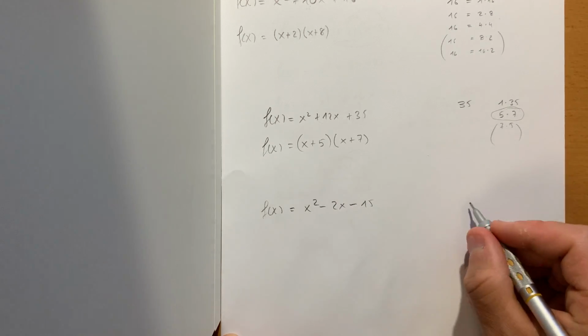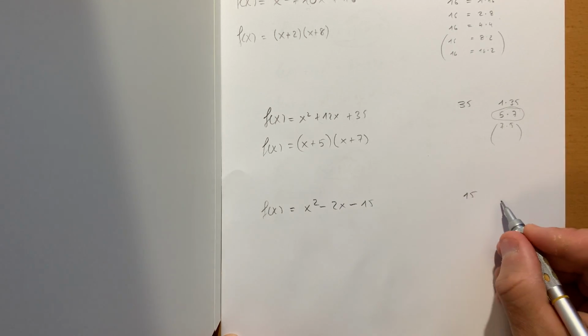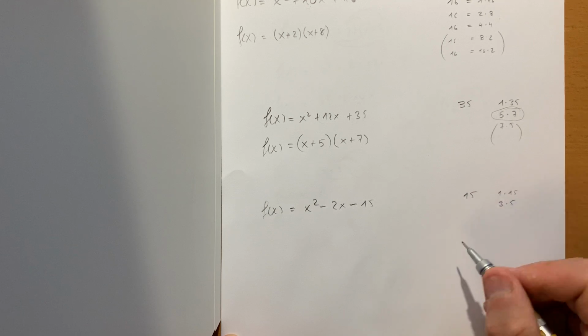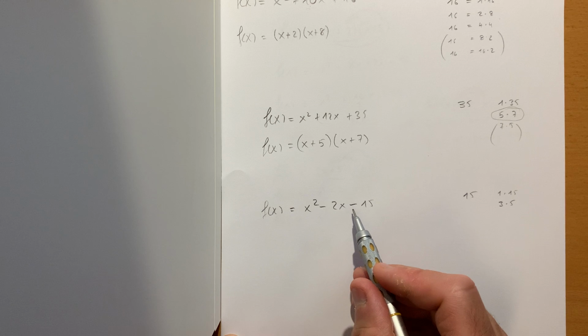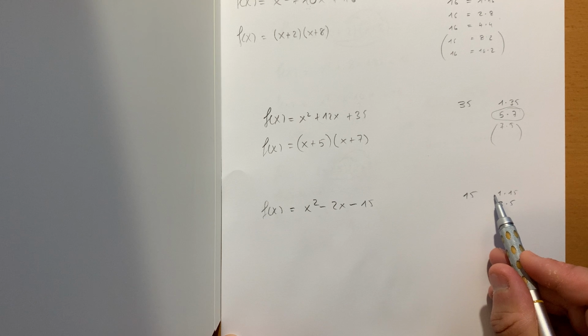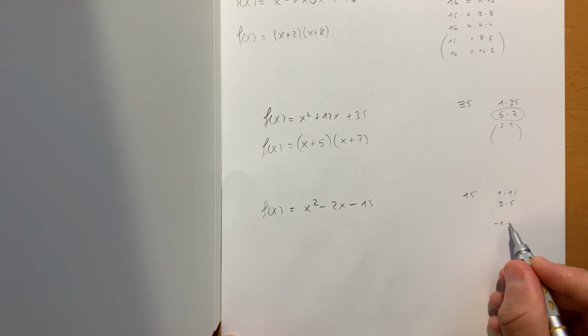Well, here, you know, 15 can be made up by 3 times 5 or 1 times 15. But, well, you have a minus here. So one of the two has to be negative, okay? One of the two. Either it's minus 1 times 15, or it's 1 times minus 15.